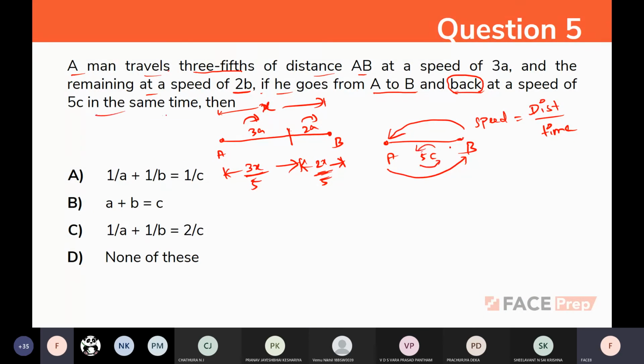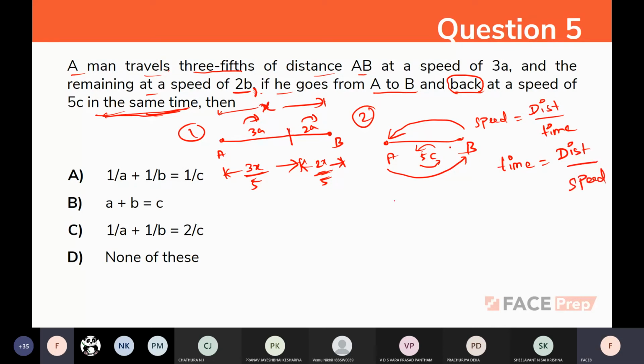This same time represents both the cases, case 1 and case 2, because there is no full stop between the sentences. So they have continued the second case with a comma. So the time represents both the cases. Okay, so these are the two cases. So time is constant, so we can rewrite the formula like this.